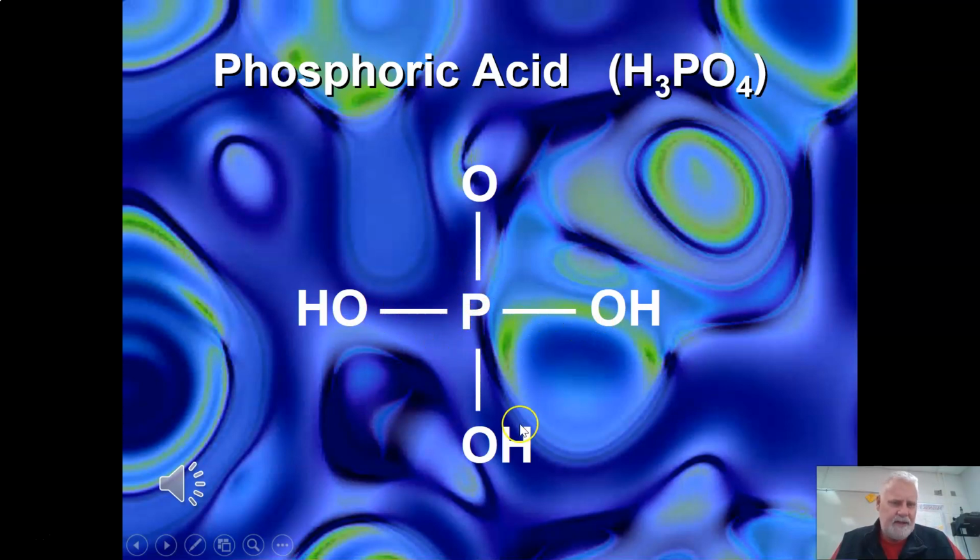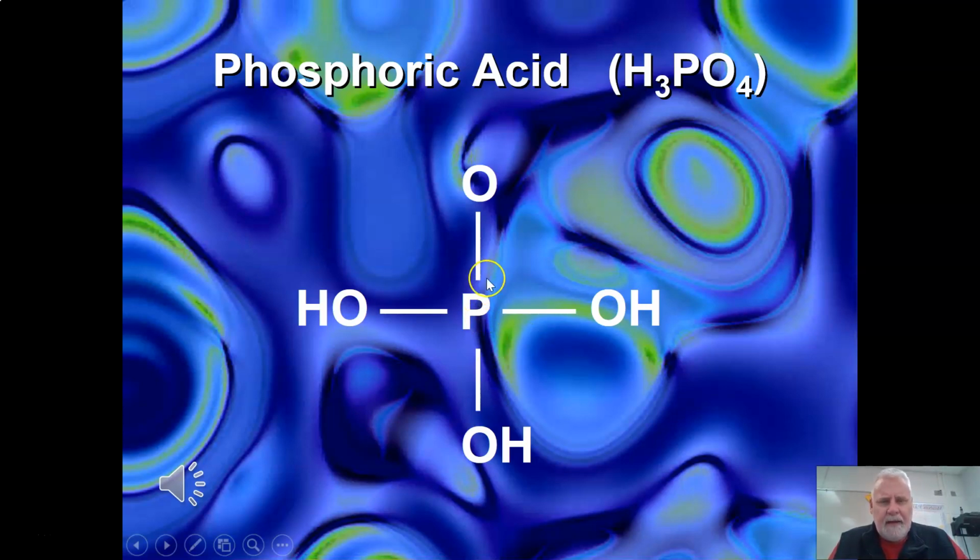Now, if you draw it out this way, from everything we learned in organic chemistry, you would start this way, and you would say, this is working out really well. You've got these 3 OHs. Each oxygen has 2 bonds, and the phosphorus has 4 bonds. That's 2, 4, 6, 8 valence electrons. All is right with the world.